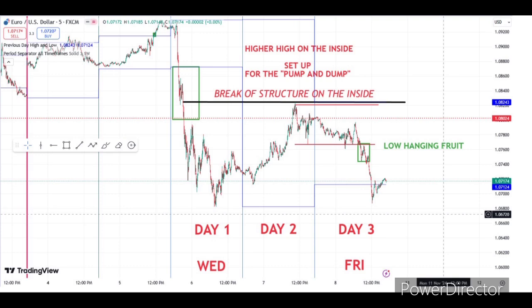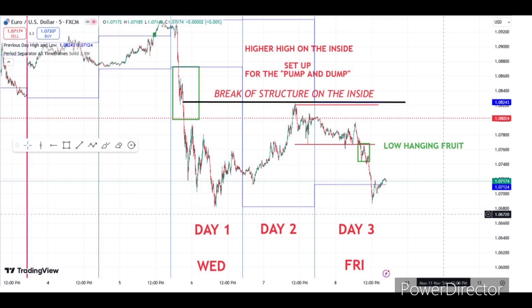And then on Thursday, the market itself is putting in higher highs on that day, right? But as soon as Thursday breaks above those lower highs from Wednesday, that's our break in structure on the inside.